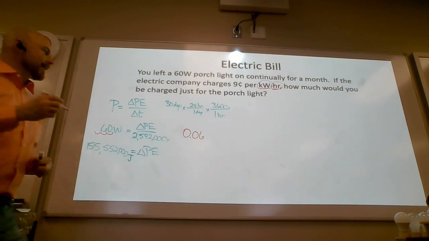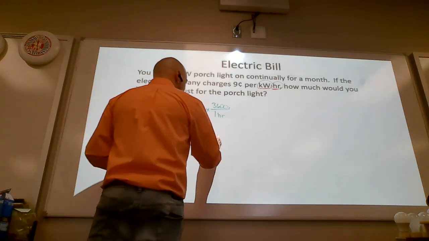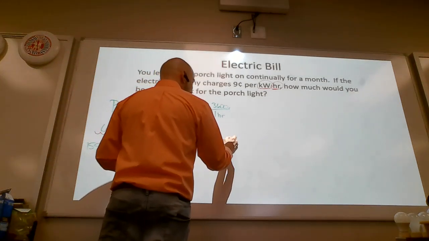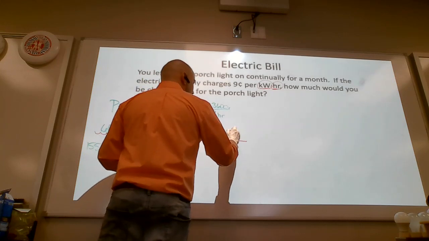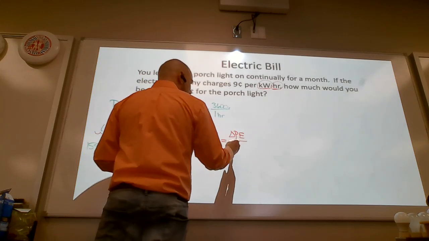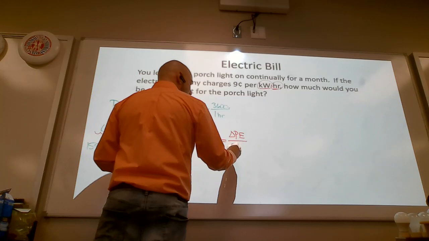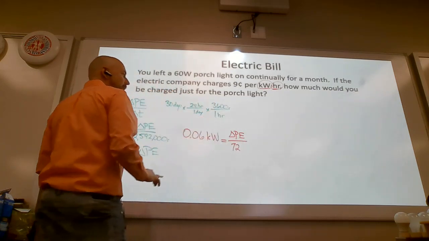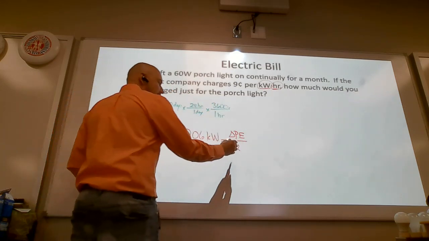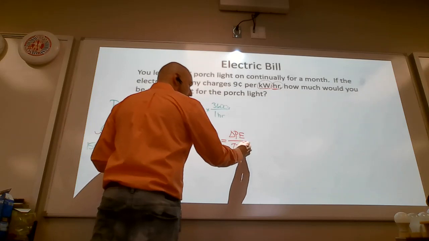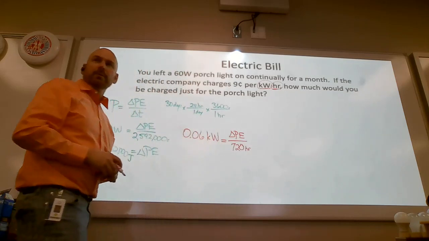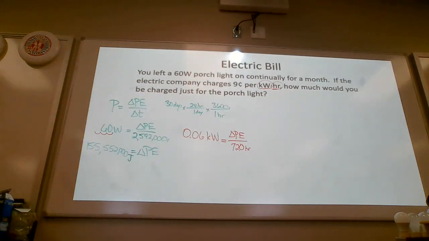Okay. So that many kilowatts is equal to our energy over our hours. So we drop off the times 3,600. That's just 720 hours in a month.